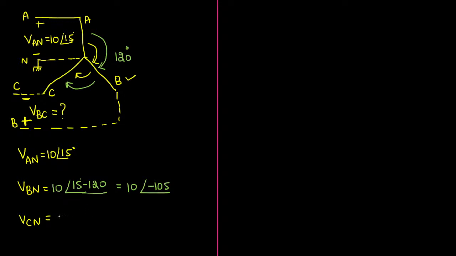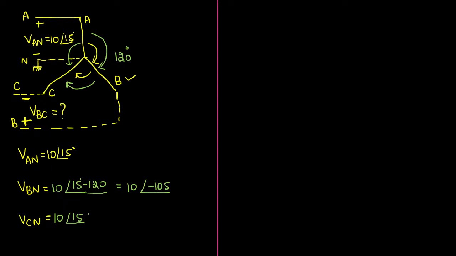Yes, sir. Now from here again I should reach phase C. How will you write? I told you there are two ways. Directly you can write phase C. See, phase C is 120 degree leading from phase A, or you can also say 240 degree lagging from phase A. Yes, sir, that is correct. There are many ways to write. So I'm directly taking phase A voltage.